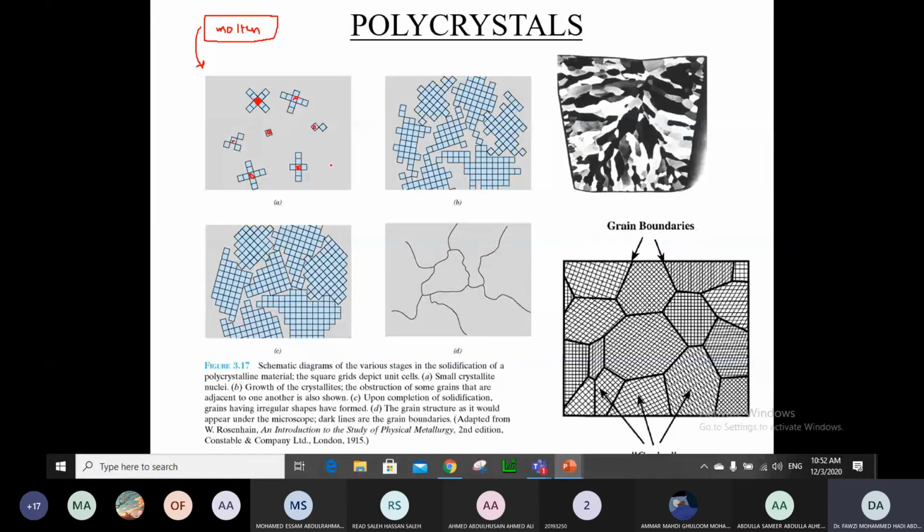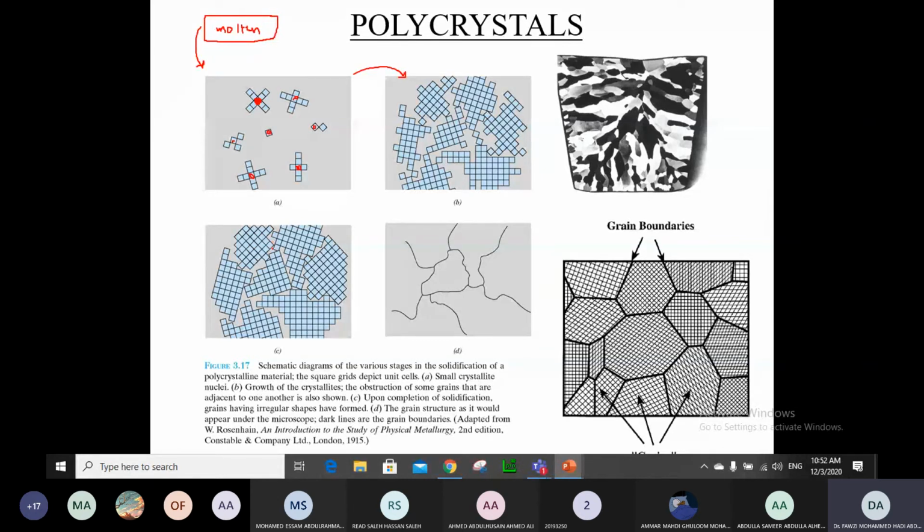Once the nucleation happens, then it is going to grow. Every one of these is going to grow bigger and bigger in different orientations. Basically, the atoms in every crystal are oriented in different ways. So they are going to grow bigger and bigger, as we could see there, until they impinge against each other with a different orientation.